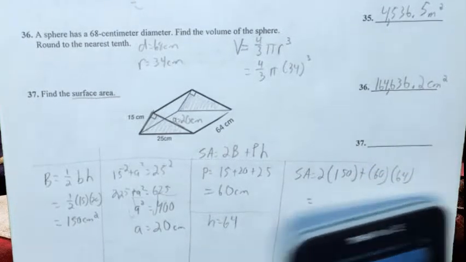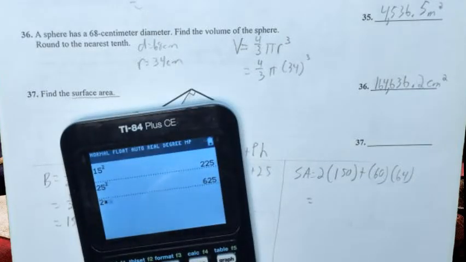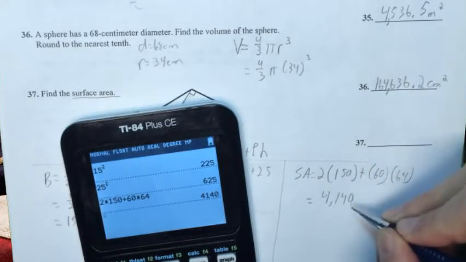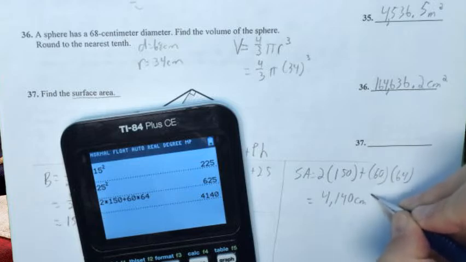So 2 times 150 plus 60 times 64, is 4,140 centimeters squared.